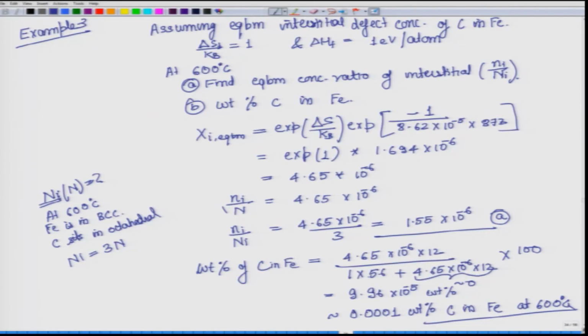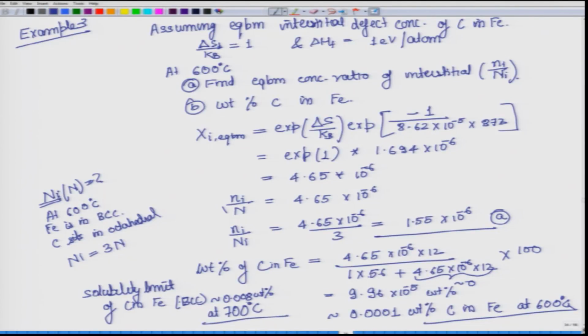If you remember, the solubility limit itself in the BCC form is approximately equal to 0.008 weight percent, and that is at close to 700 degrees Celsius.